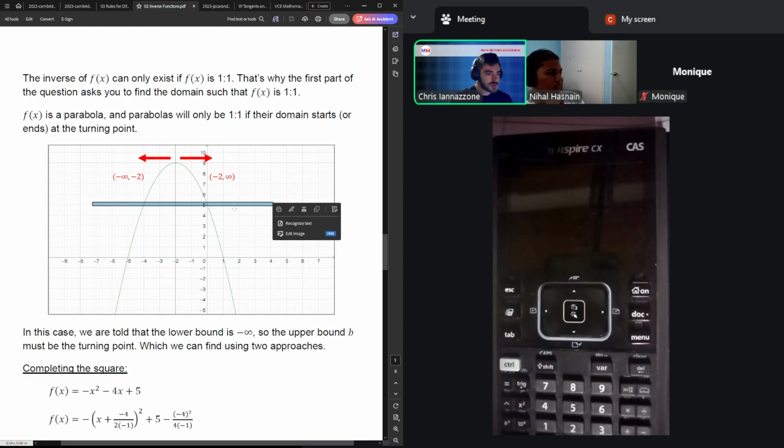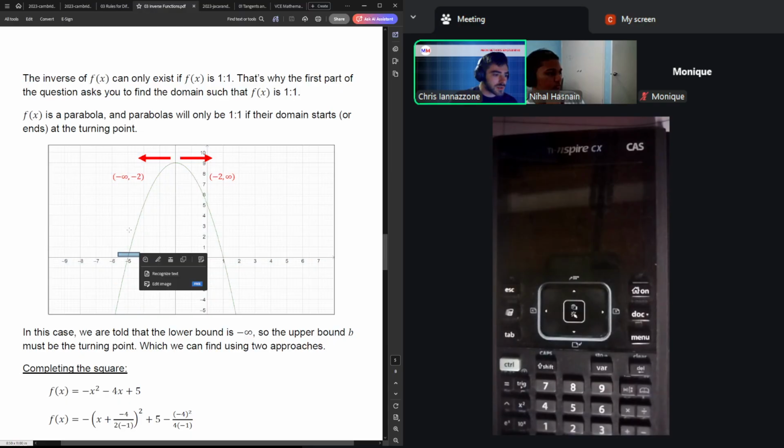If I were to draw a horizontal line anywhere on this graph, if it only ever intersects the graph once, then it's passed that test. So when it comes to the parabola, any given side of its turning point passes the horizontal line test. It's only when it reaches and then crosses over that turning point that suddenly things break.